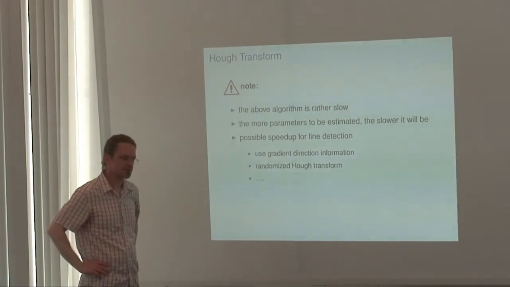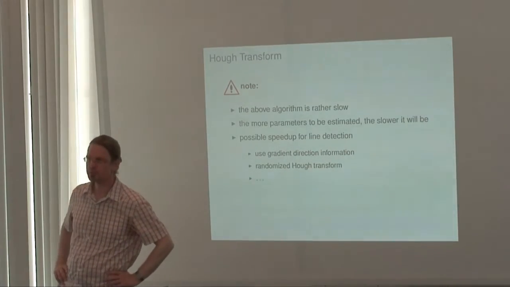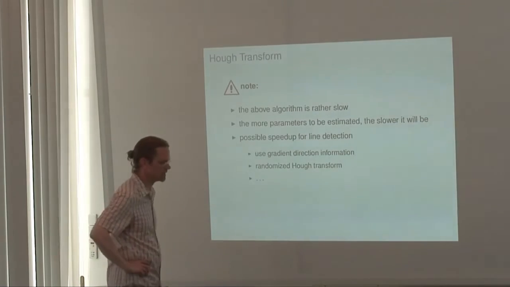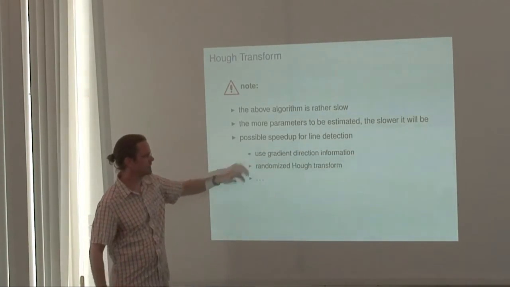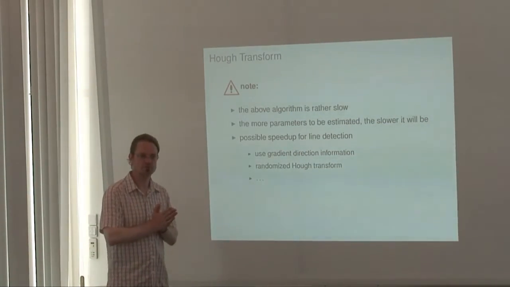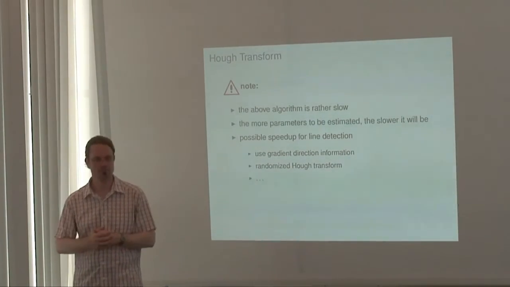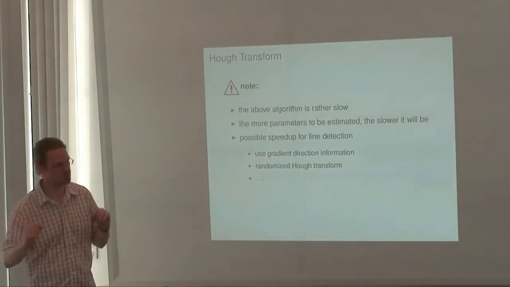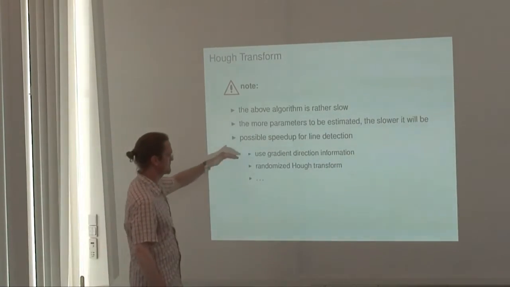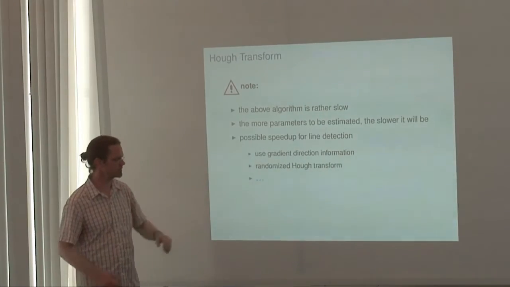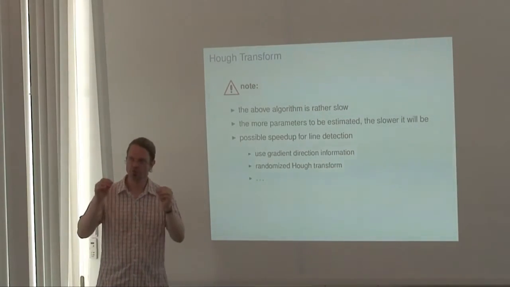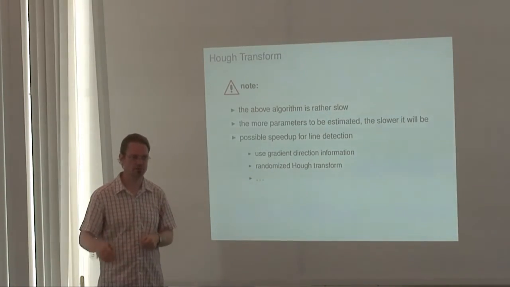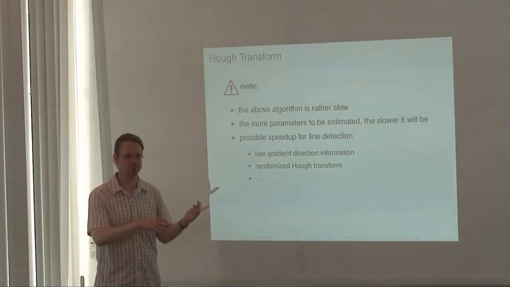With respect to lines, because it's such an important problem, people have thought a lot about what to do. There are very fancy improvements involving gradient direction information, so you don't actually have to create every line, but only the lines perpendicular to the gradient at the point. Very good idea if you think of it. This basically says we do not have to create every possible line for every x and y, but just those lines that are perpendicular to x and y in the image.